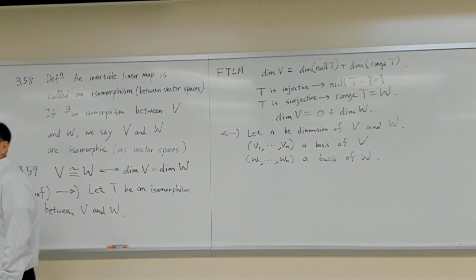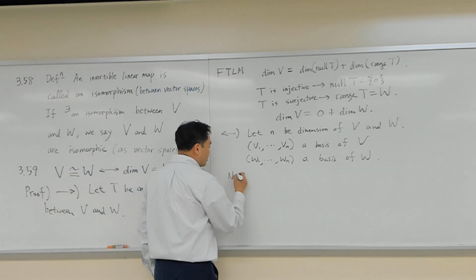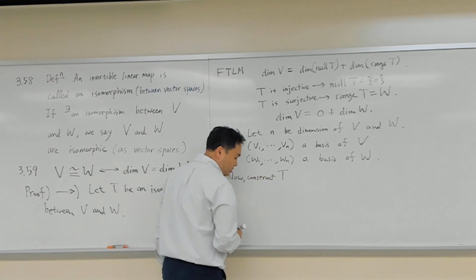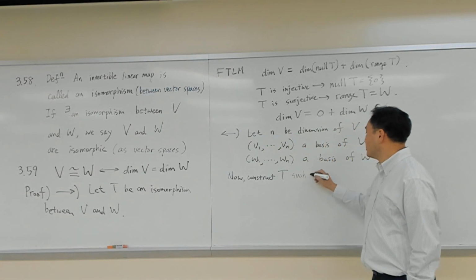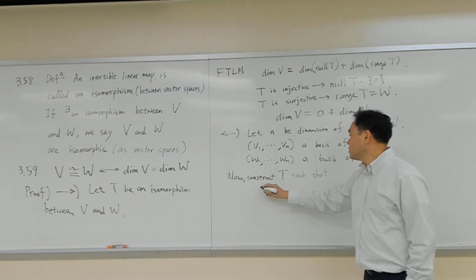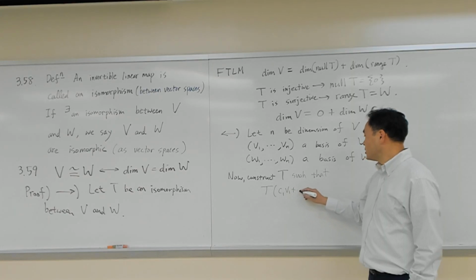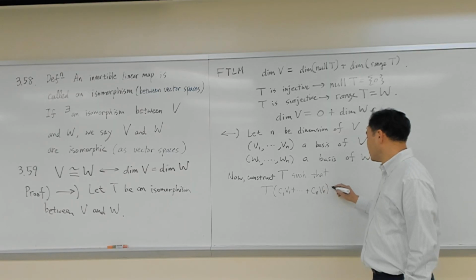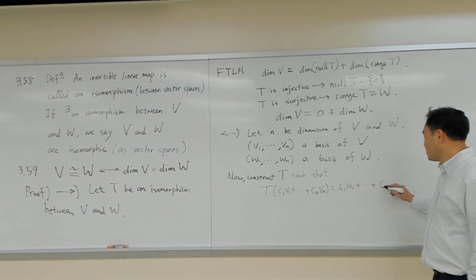Okay. Now construct a T such that T of C1 V1 plus da da da plus Cn Vn is equal to C1 W1 plus da da da plus Cn Wn.